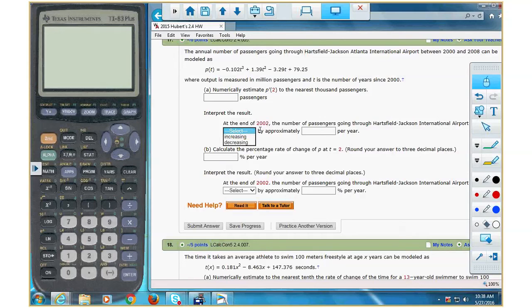Just increasing or decreasing? Well, let's look at this. If you graph it, first of all, as I tell all my students in algebra, trig, or calculus, graph it first.